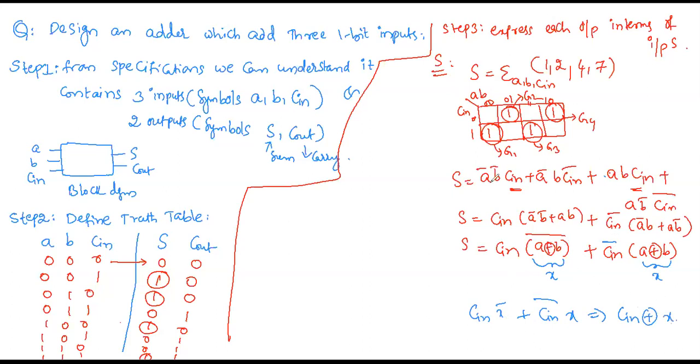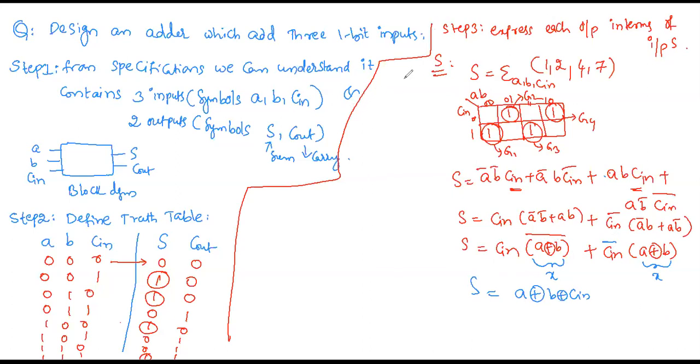X is equal to A XOR B. So write down S is equal to A XOR B XOR C in. This is the sum expression.